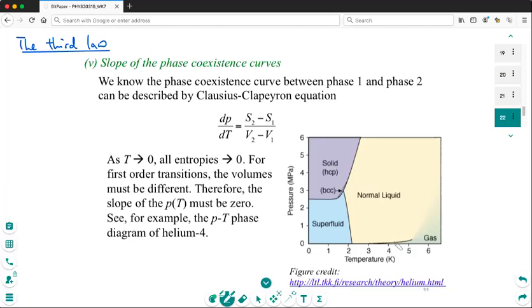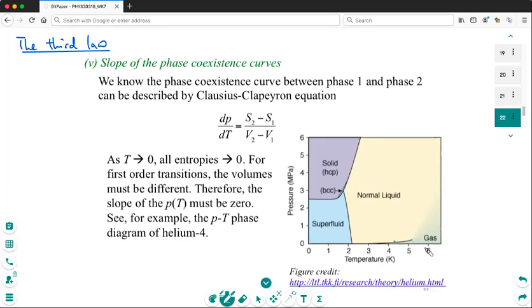So if you want to reach the liquid helium state, the boiling point of liquid helium is 4.2 K at 1 atmospheric pressure, so it's somewhere here. Okay, and then you cannot solidify helium unless you apply pressure. So maybe this is some take-home message for you. At least this is common knowledge a physics student can appreciate.